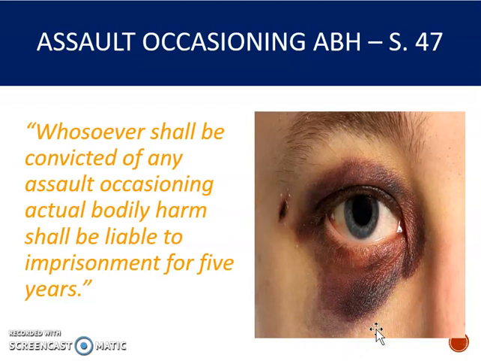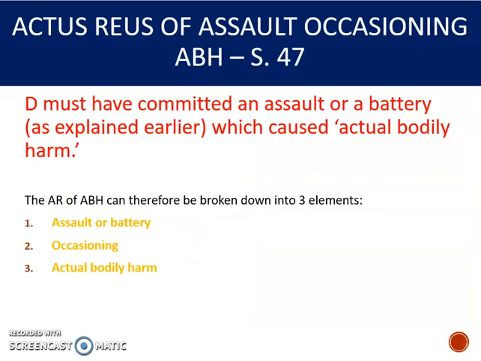Remember, for battery, there's no injury. So ABH is a step up because you've got an assault or battery which has left a fairly minor injury. Now, don't ever say this in the exam because it's really bad, but you could remember ABH as a bit hurt. We know it means actual bodily harm, but it's a bit hurt. It's small injuries, it's bruises, it's grazes, fairly minor injuries.